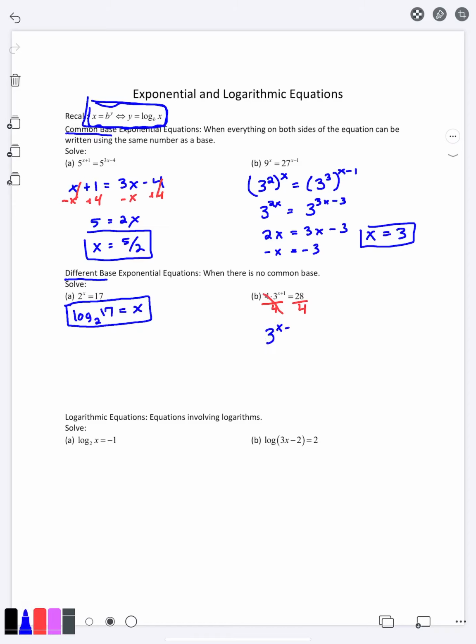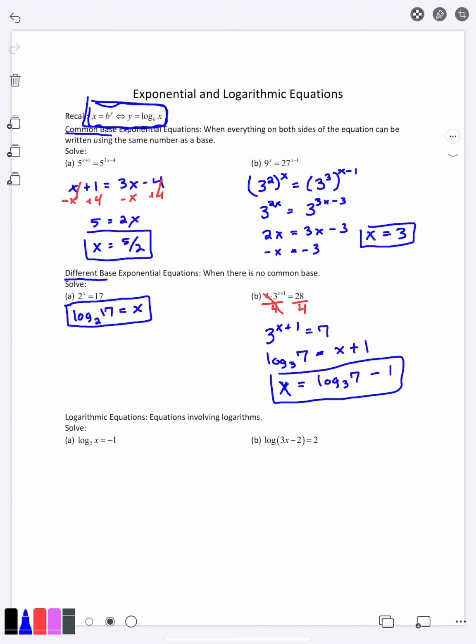You need it to be just a base to an exponent equals a number. Dividing by 4, we get 3 to the x plus 1 equals 7. Once you have that, you can use your logs here. So log base 3 of 7 equals the exponent x plus 1. And then the last step would be to solve for x by subtracting 1. So log base 3 of 7 minus 1. And that would be your answer.